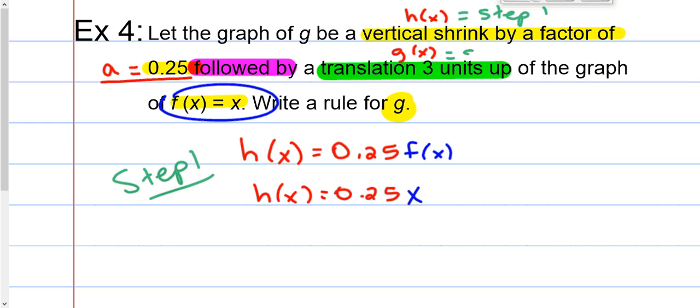Now, g of x is going to be our step 2. G of x is a continuation, so now I'm having to use h, not f. It says I'm going 3 units up, so I'm going to take my h of x, and 3 units up is going to add 3 on the outside, so plus 3.